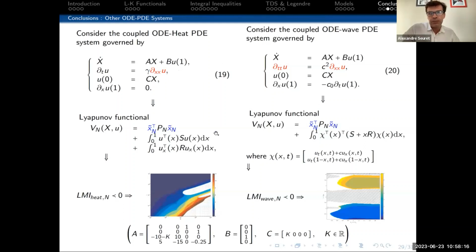You build a Lyapunov functional that is related to this particular interconnection, and you include in the Lyapunov functional the projection as we did for the previous cases, and you end up with some LMIs that give you some estimates of the stability and of the region of attraction.